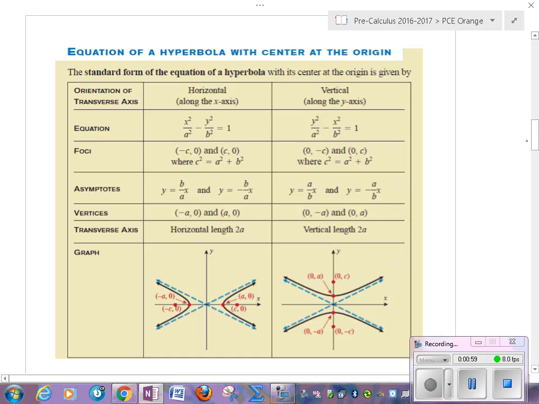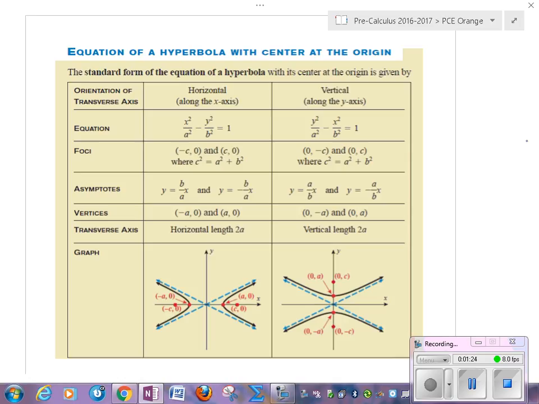Now, just like with our ellipses and our parabolas, we talked about when they were centered at the origin versus when they were centered someplace else on the plane. This chart shows both equations, whether it is located along the x-axis versus the y-axis. Because this is just x squared and y squared, this is centered at the origin.